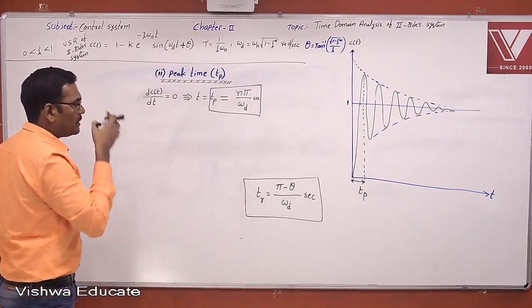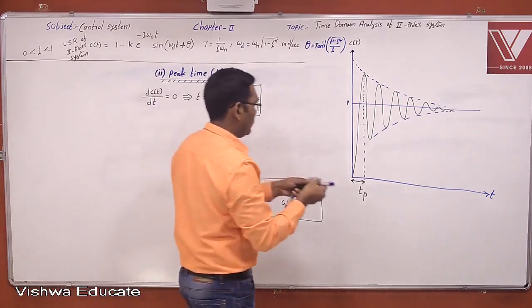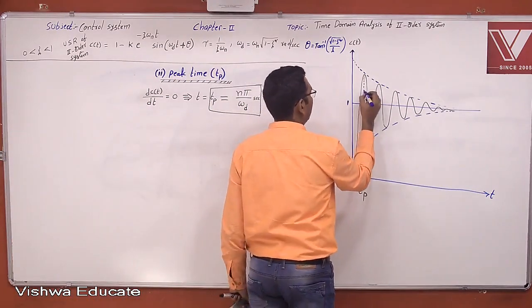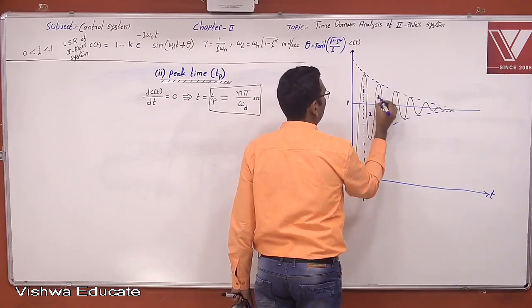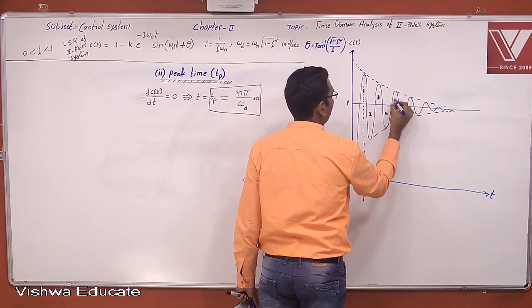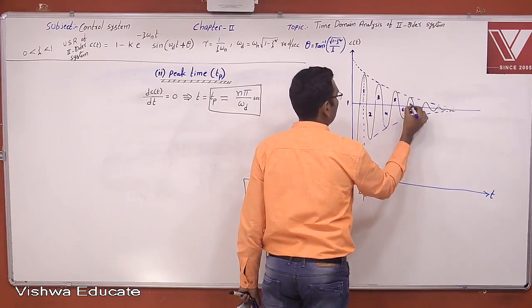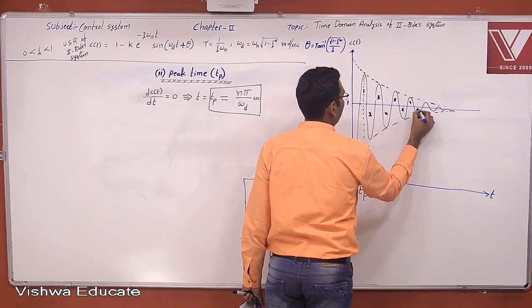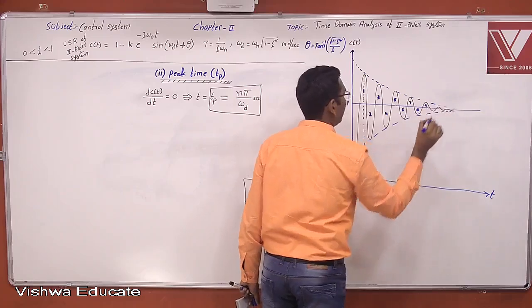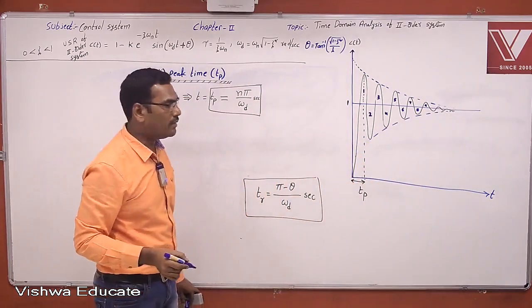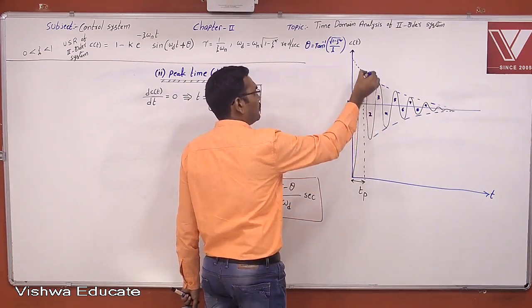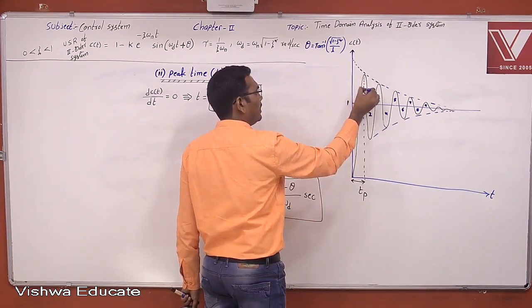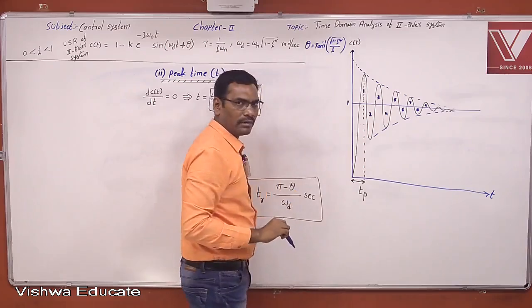Now, what is n? I can take n as 1, 2, 3, 4, 5, 6, 7, 8, 9, like this. The time taken by the response to reach its peak means, by default, n equal to 1.